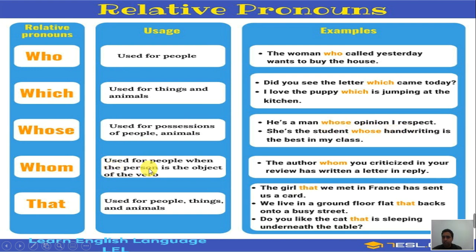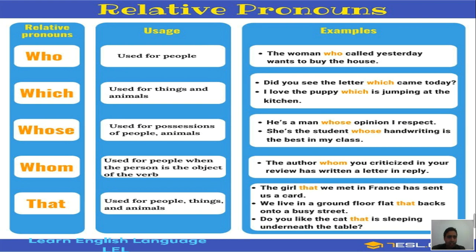Well, the next one is whom. Whom is, nowadays, something we can use interchangeably with who. Here, it is used for people when the person is the object of the verb. We are going to see that in detail. The example here: the author whom you criticized in your review has written a letter in reply. So here we have whom you criticized.